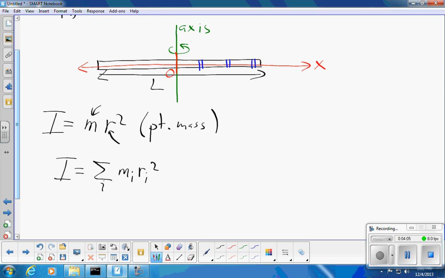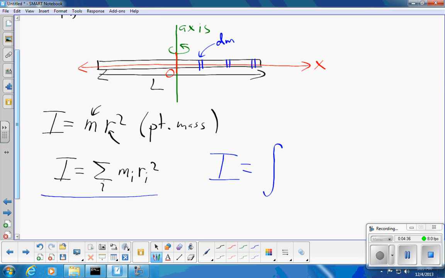Okay, so I have cut this up into a bazillion little dm pieces, and I want to adapt the equation I have down here for rotational inertia of a finite number of point masses, so I have an equation for a nearly infinite number of point masses. So my new equation for an extended mass is the sum of, but we're going to be adding up a nearly infinite number of mr squared products.